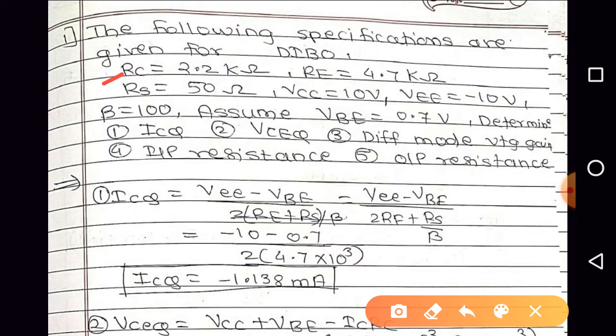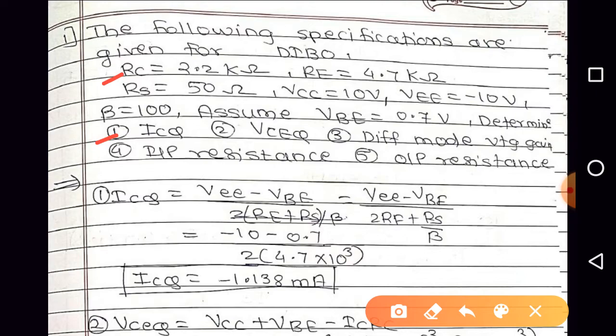Assume VBE, the base emitter terminal voltage drop, is 0.7 volt, and we have to find out ICQ, VCQ, differential mode voltage gain, input resistance and output resistance.